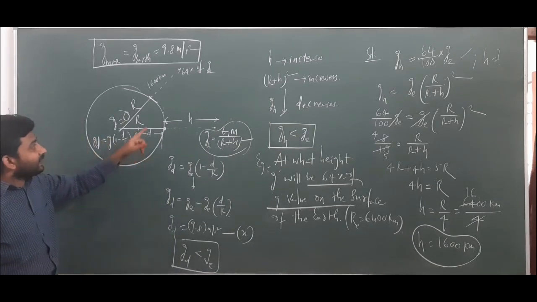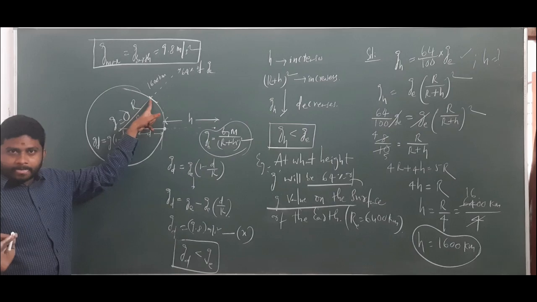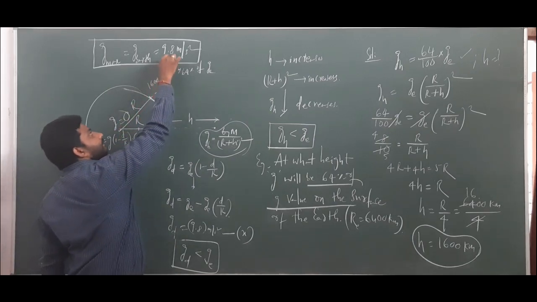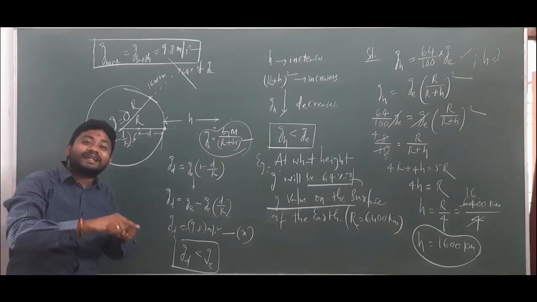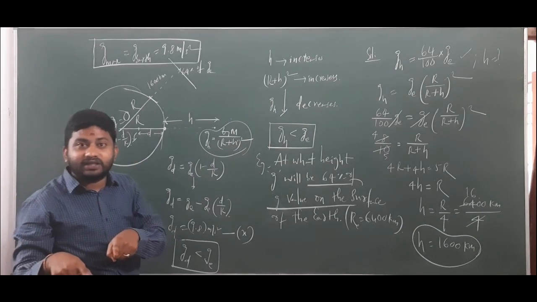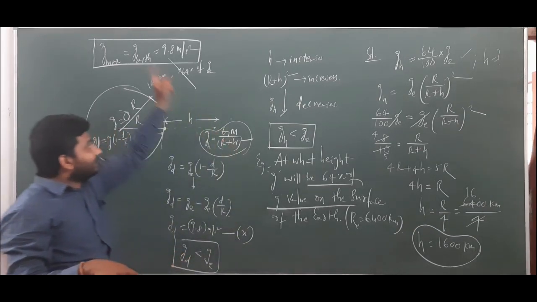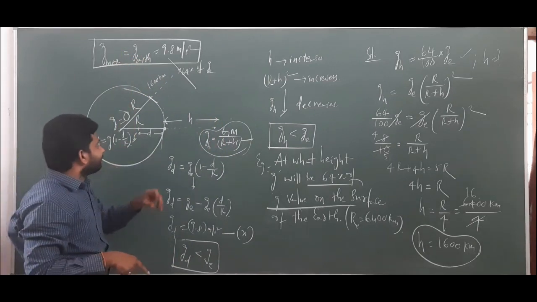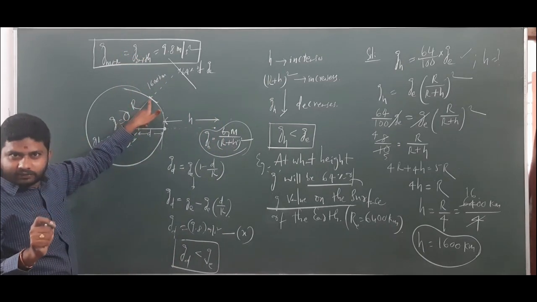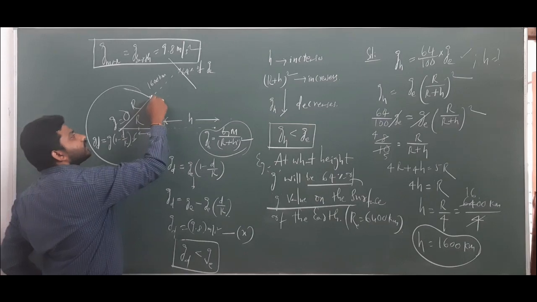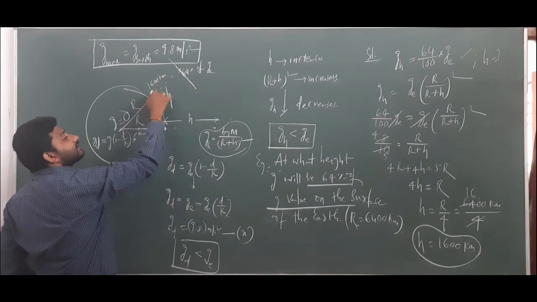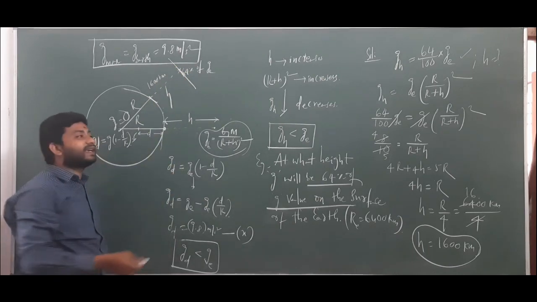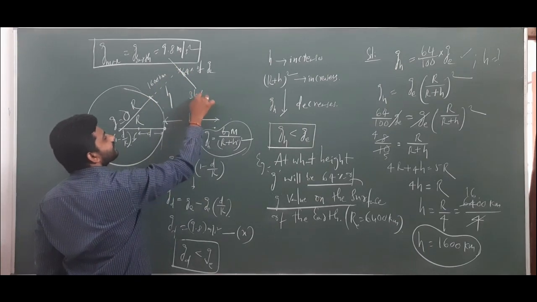From the surface, at some height, acceleration due to gravity is decreased by 36%.